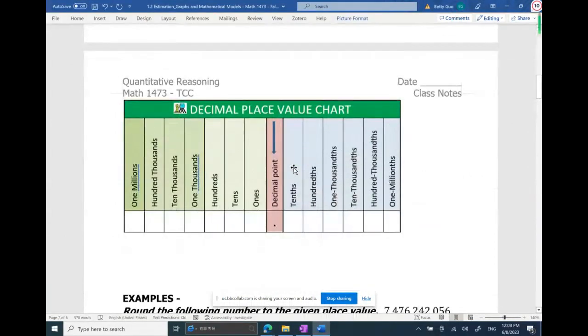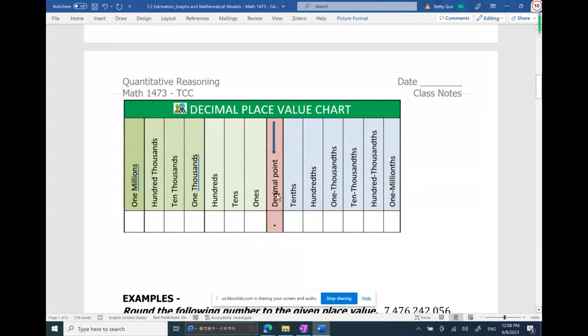To round a number, either whole numbers or decimal, we need to understand the place value of the digits in the number. As you can see, if we have a decimal, the decimal point is right here, then the place value of the digit to the right of the decimal point is a tenth, followed with hundredth, 1,000th, 10,000th, 100,000th, and millions.